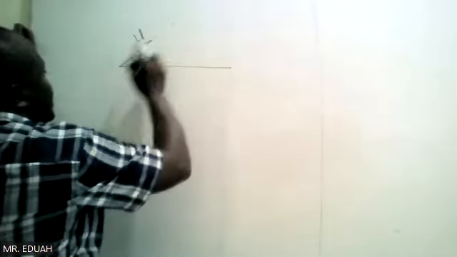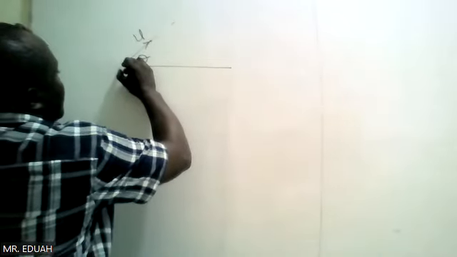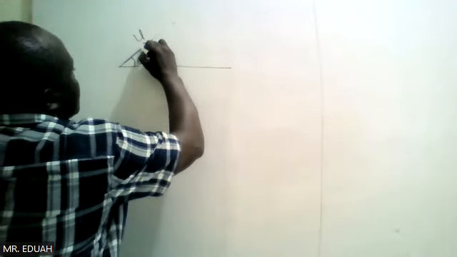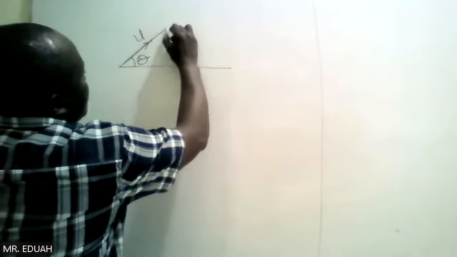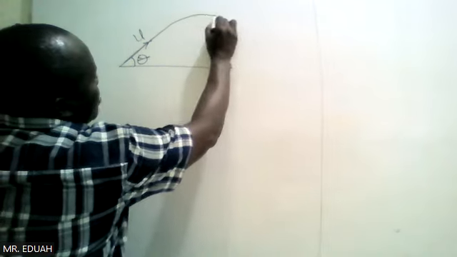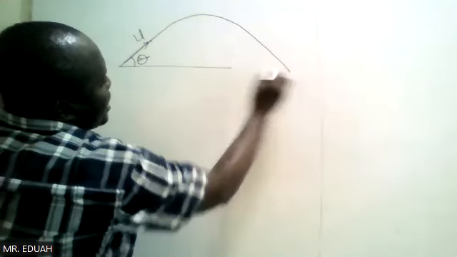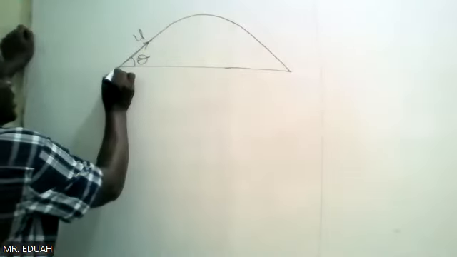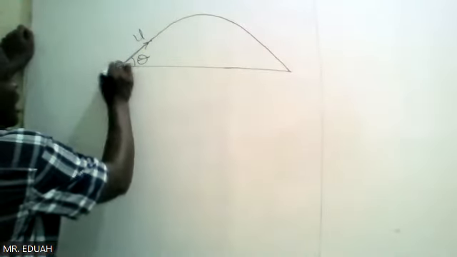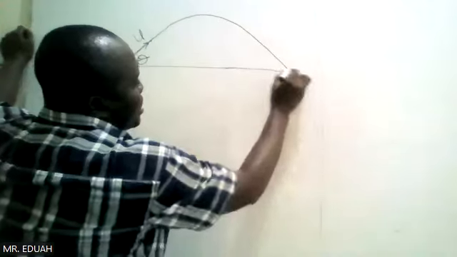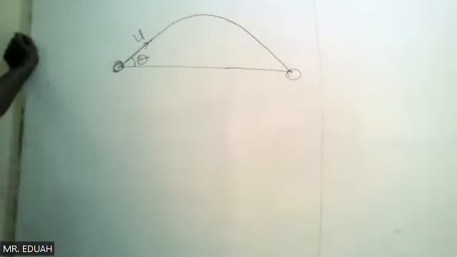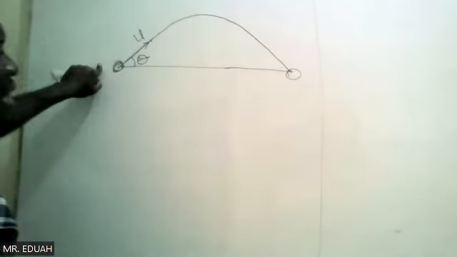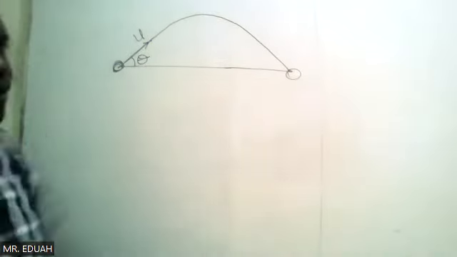And when it is shot in that manner, the body starts from where it begins, gets to a maximum point and then drops to the ground. So here we are looking at ground to ground.